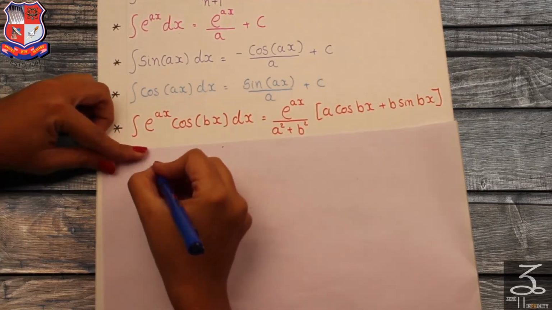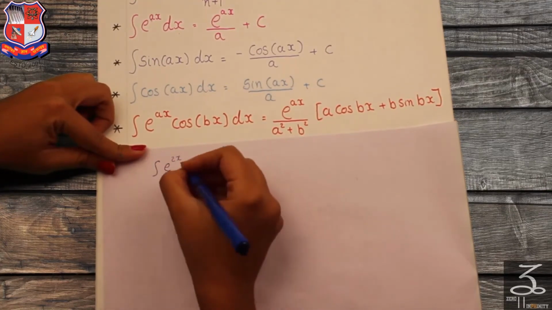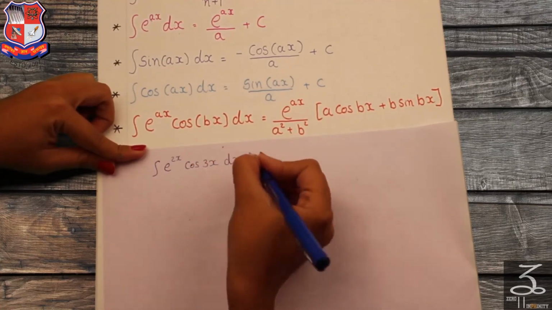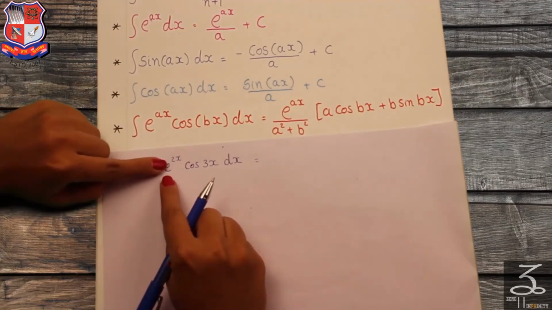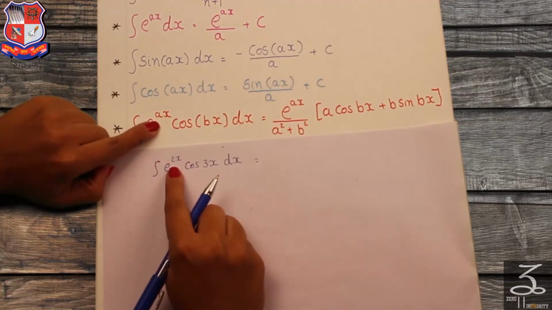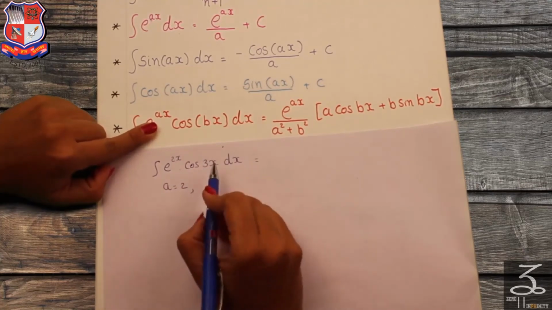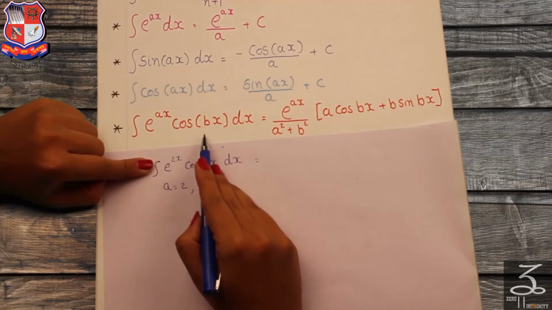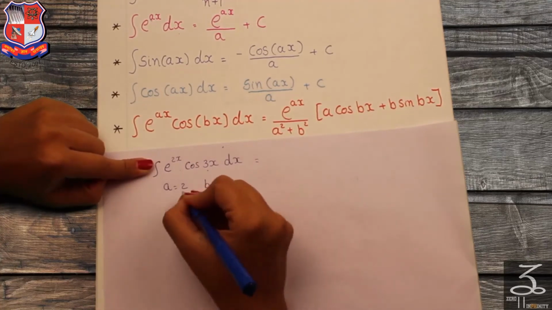For example, take integration of e raised to 2x into cos 3x dx. Comparing the terms, the coefficient of the exponential function is 2, so a is equal to 2, and the coefficient of cos is 3, so b is equal to 3.